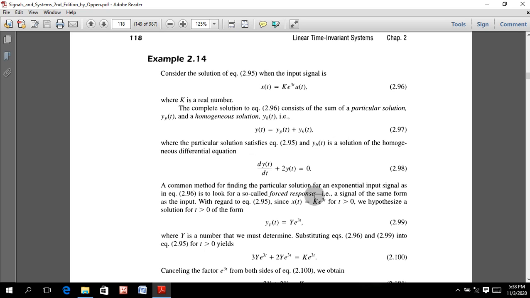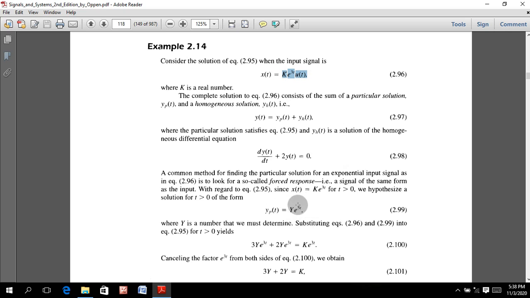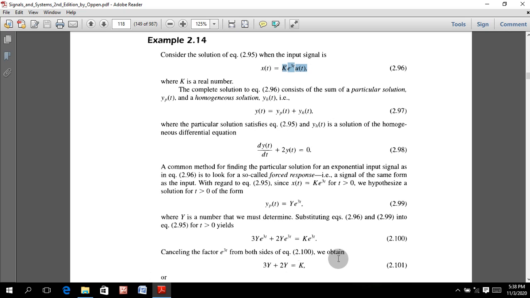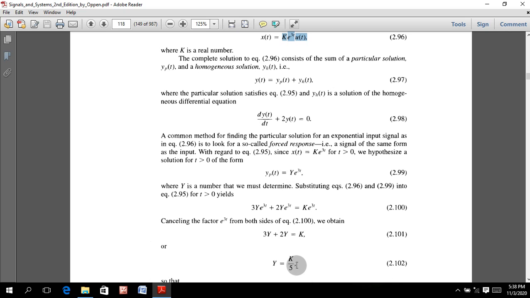To get the particular solution, we provide an equation for it that is very similar to the input signal. Using that, we put this value into the first order derivative and we find the value of y as k by 5.